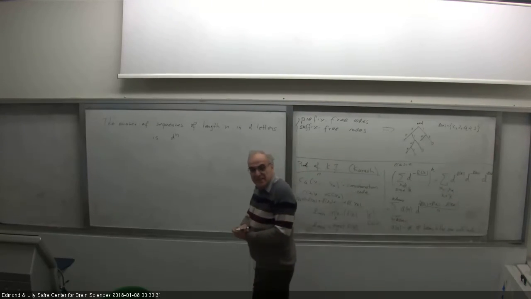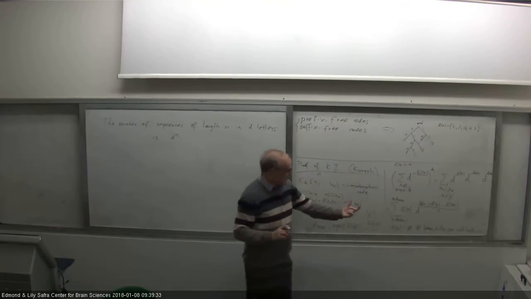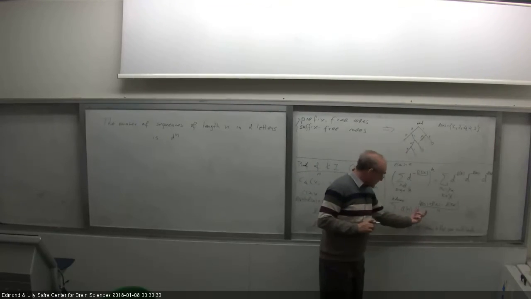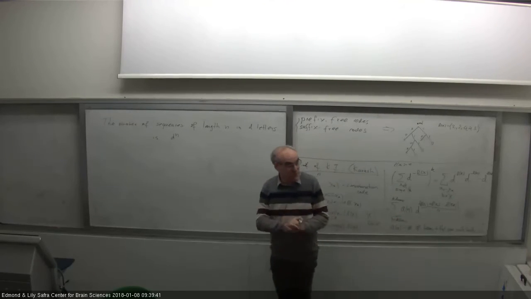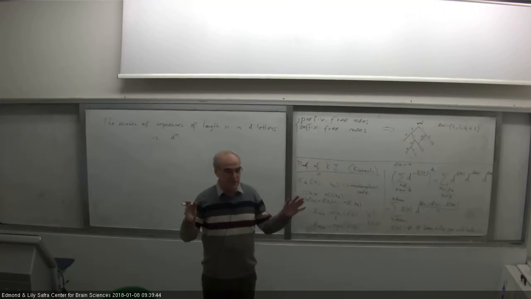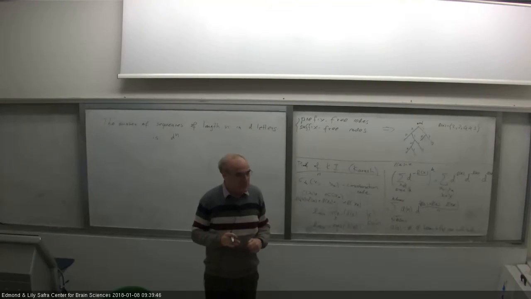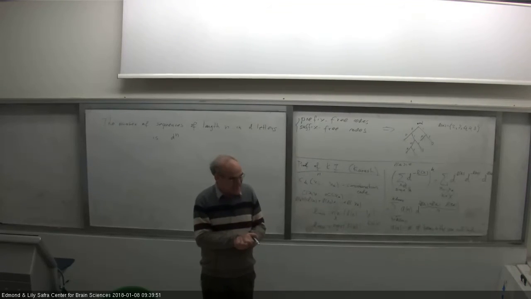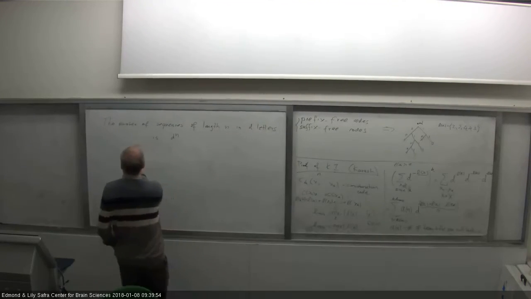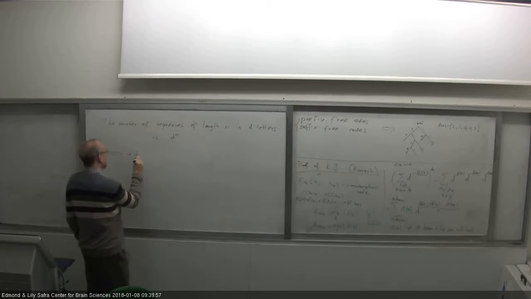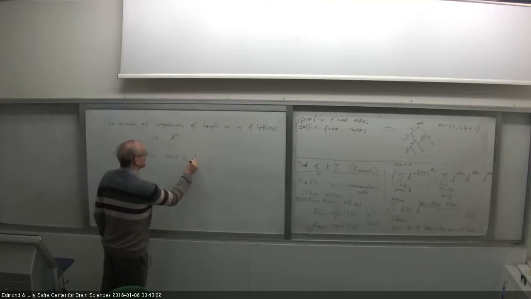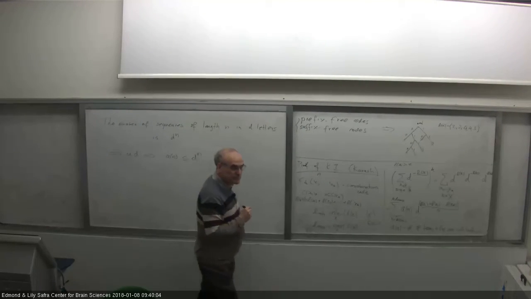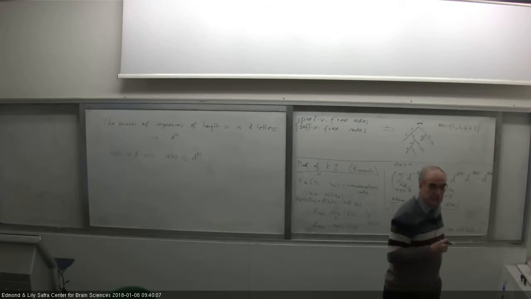So the number of sequences that have exactly n size code must be less than d to the n. Otherwise, by some version of the pigeonhole principle, there are two pigeons in one hole, which I cannot decode. So uniquely decodable implies that a_n must be less than or equal to d to the n. Otherwise, I cannot decode.